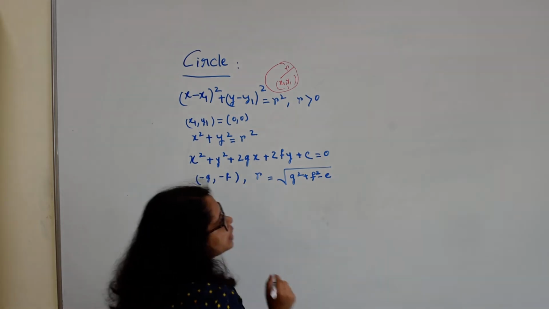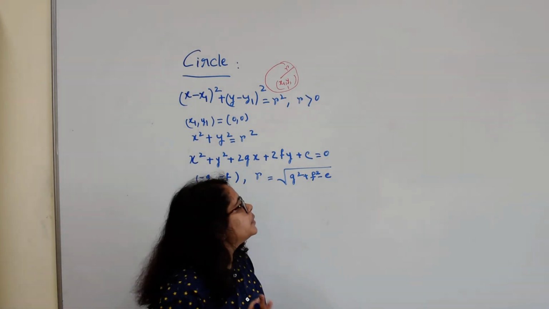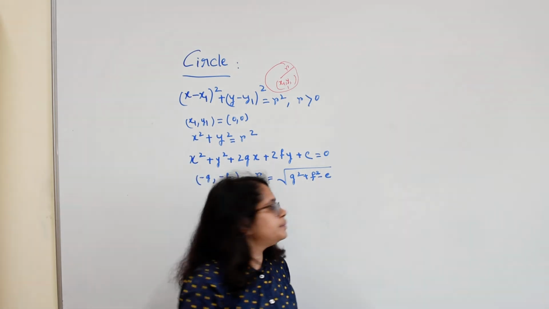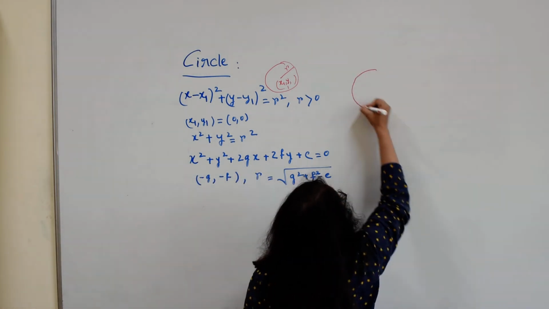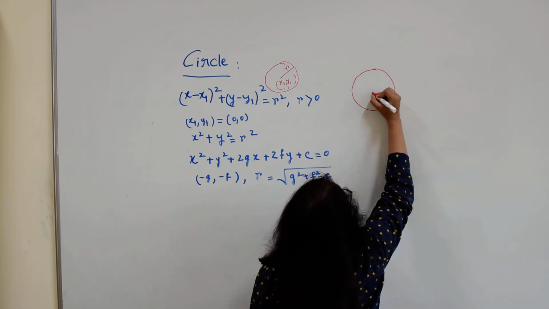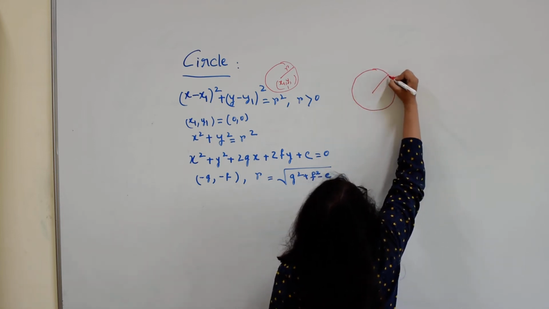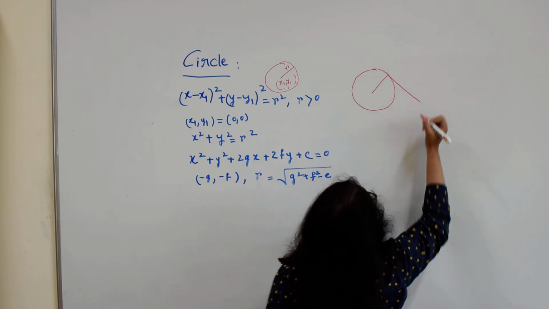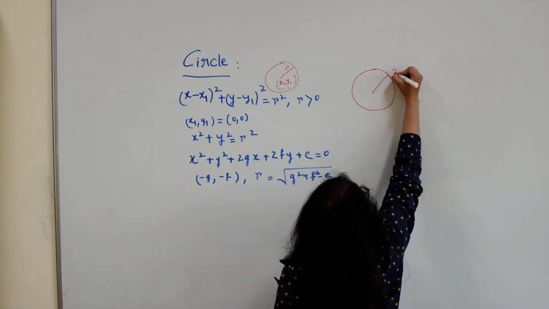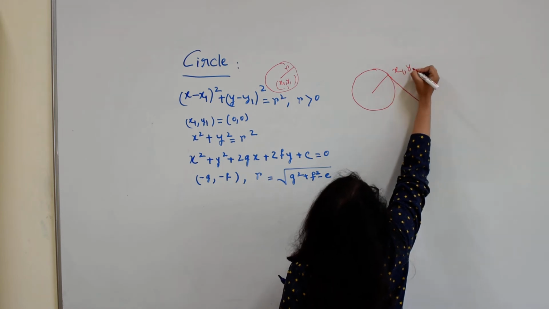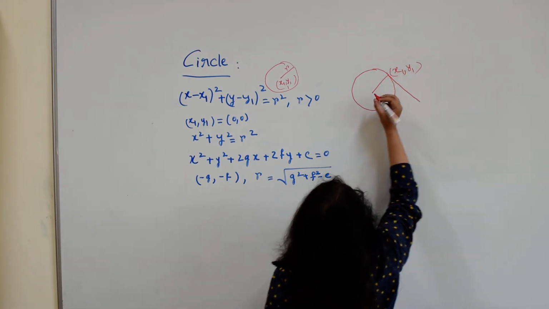Now we will talk about the tangent on the circle. If I am given a circle and a tangent on it, and let's take a point (x1, y1). This is the center (minus g, minus f).